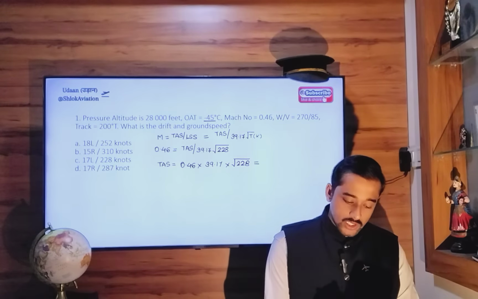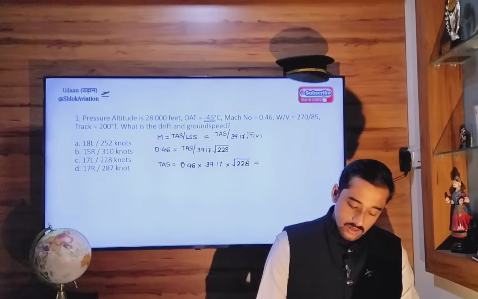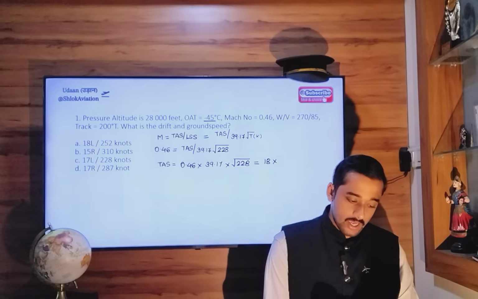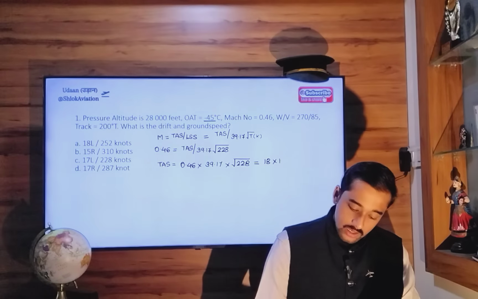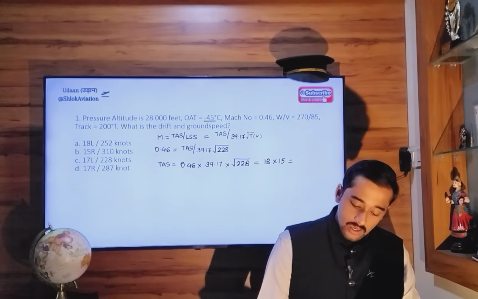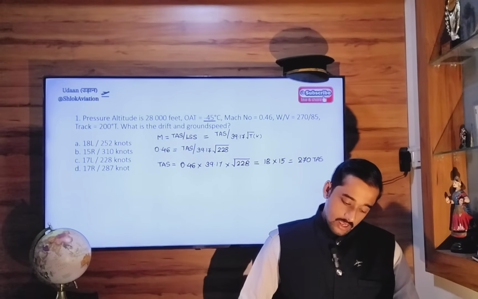So 0.46 into 39.17 is 18, into root of 228, which is 15. So 18 into 15 is 270. So your true airspeed is 270 knots. Okay.